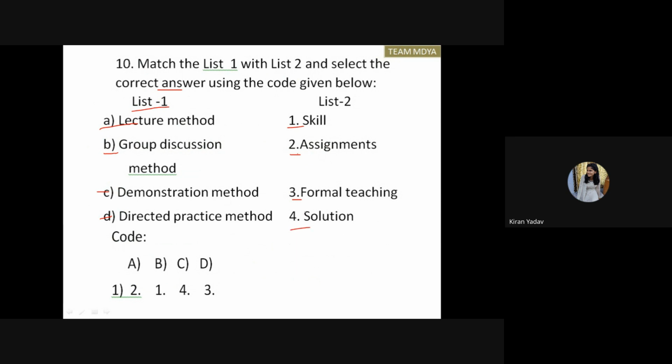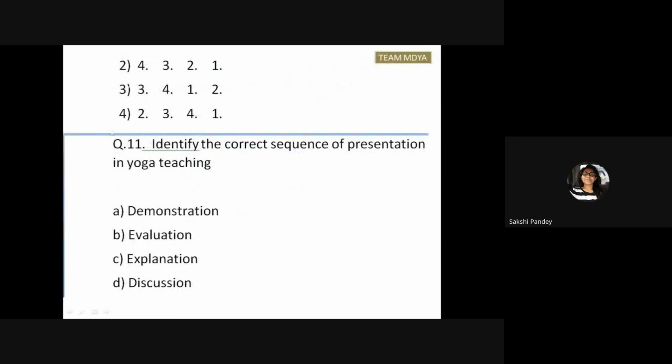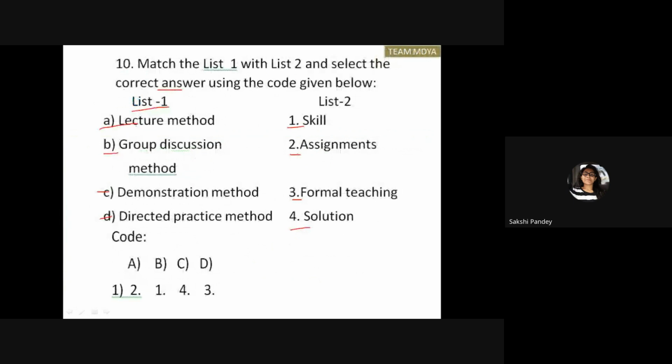So match these options. They are in slides. First match them from here, then we will move to the options. Ma'am, can you show the options?